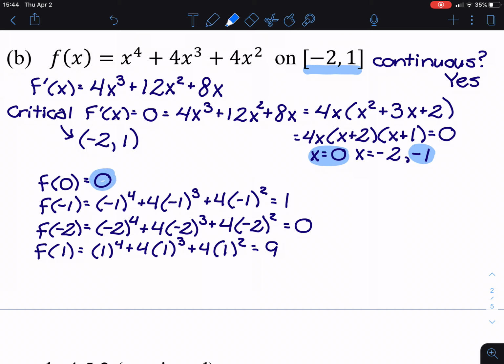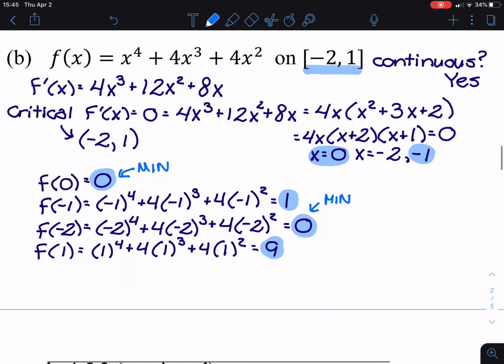So here are my 4 values to compare. Okay, I can see that my minimum occurs in 2 places. Both at 0 and -2, I have a minimum of 0. That's okay, it doesn't change what my absolute min is, it's going to be 0.